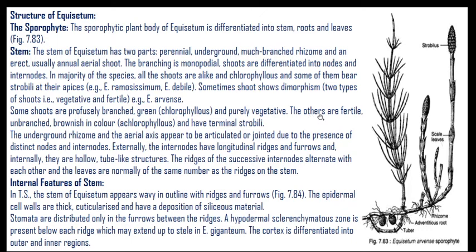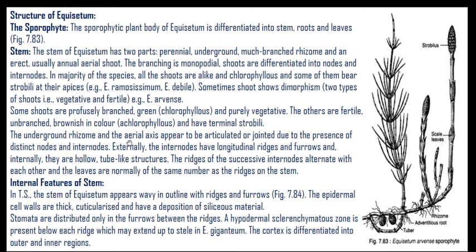The others are fertile and unbranched, brownish in color, non-chlorophyllous, and have terminal strobili. So this is the vegetative plant body which shows green leaves, while this is a fertile plant body which shows brownish unbranched shoots with terminal strobili.